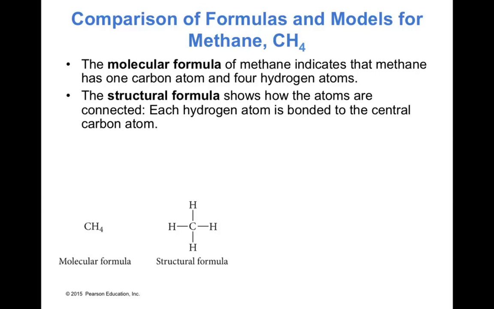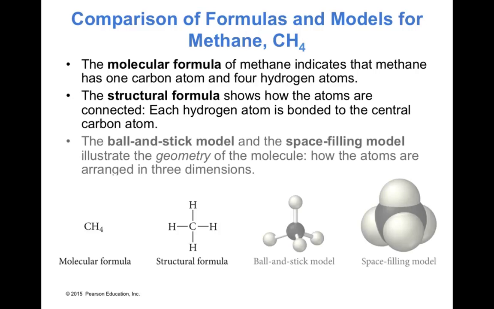Each hydrogen atom is bonded to the central carbon atom. So we have here the central carbon atom, and all the hydrogens surrounding that carbon, and we have four carbon-hydrogen bonds. We have one here, one here, one here, one here, four bonds of carbon-hydrogen to produce the methane formula.